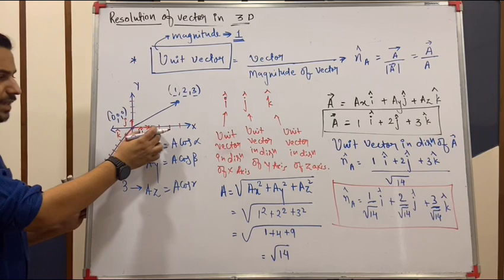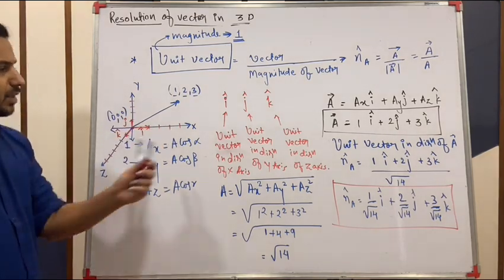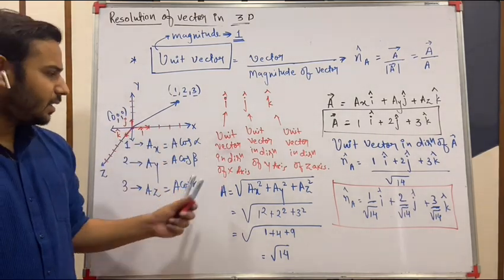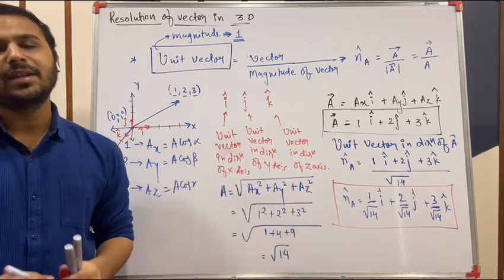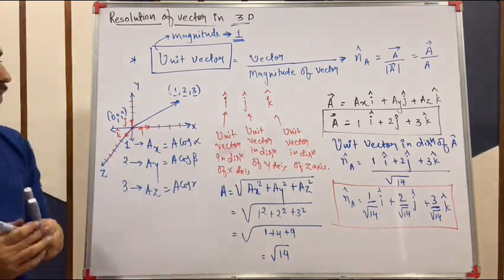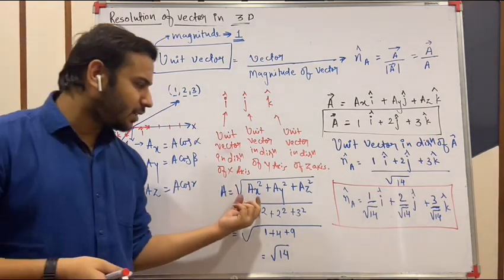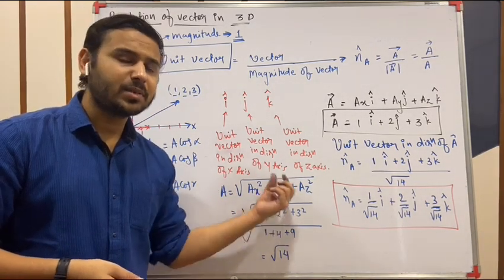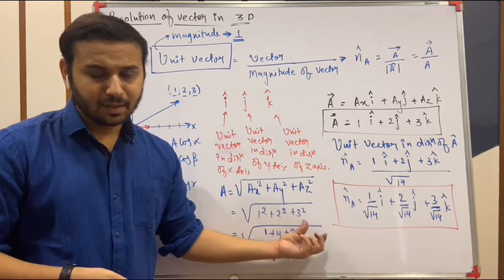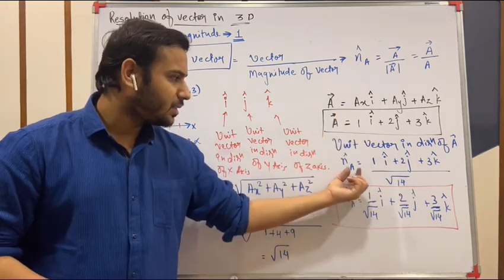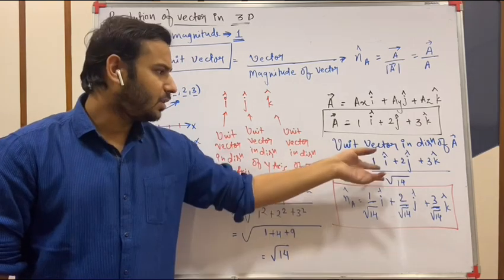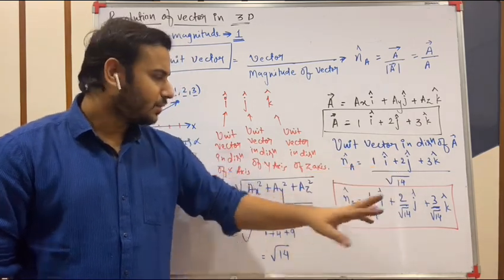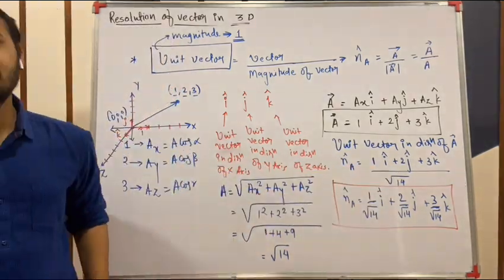Okay, i cap, j cap, k cap are unit vectors in direction of x axis, y axis, z axis respectively. Any vector whose magnitude can be represented by under root ax square plus ay square plus az square, the unit vector in that direction is nA cap, 1 i cap, 2 j cap, 3 k cap upon the magnitude of that, and you can write the answer like this.